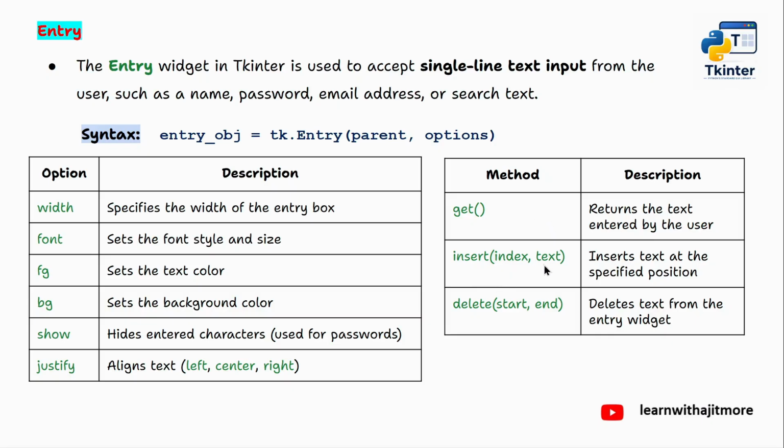So at that position, this text will get inserted, and whoever is at that position will get shifted ahead. And if you want to delete some text from your entry widget, give start and end. End is exclusive. So from start till end, whatever text comes, it will be deleted. Delete removes text from the entry widget.